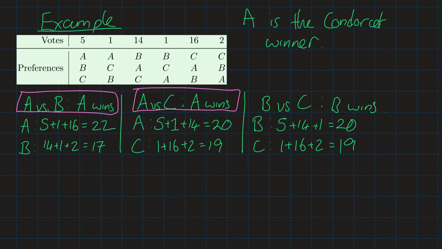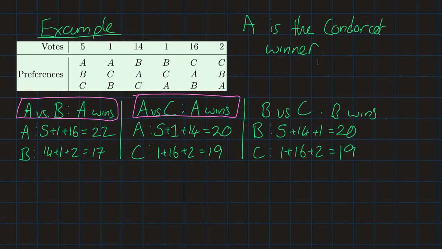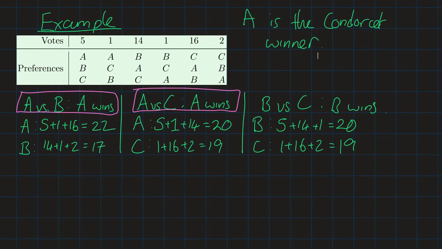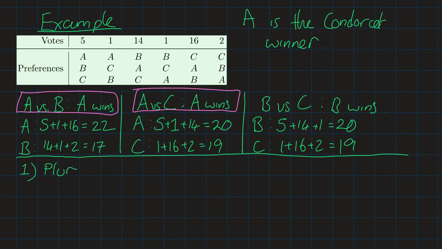Now I want to see, do the voting systems which we've examined so far elect A to first place? Let's start considering them. First of all, let's consider plurality. In the plurality, A is going to get 5 plus 1, which is 6 top preference votes.